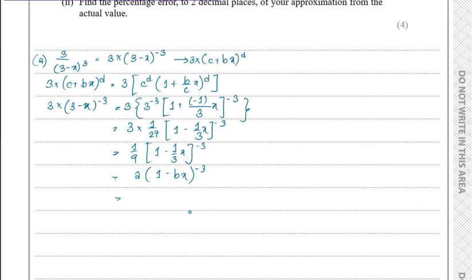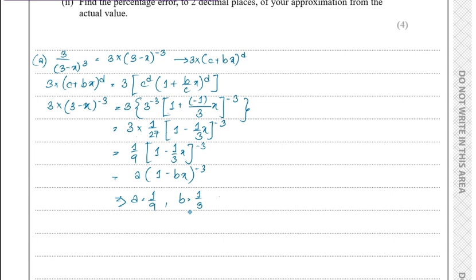So here a is 1 by 9 and minus b is equal to minus 1 by 3. So b is equal to 1 by 3. The minus will get cancelled.